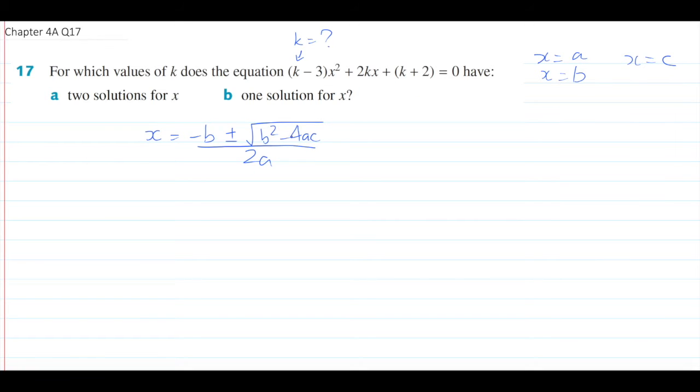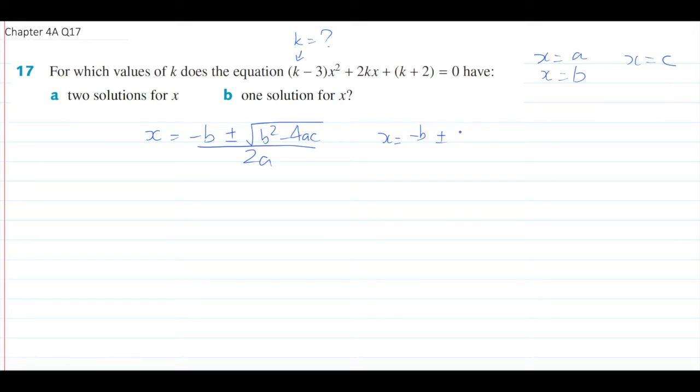So looking at this quadratic formula, how can we get 2 solutions? Well, to get 2 solutions, it just means that your plus or minus has to stay. So if your square root gives you a number, then you'll get x equals negative b plus or minus some random number.